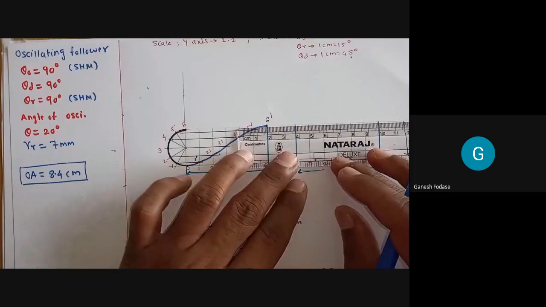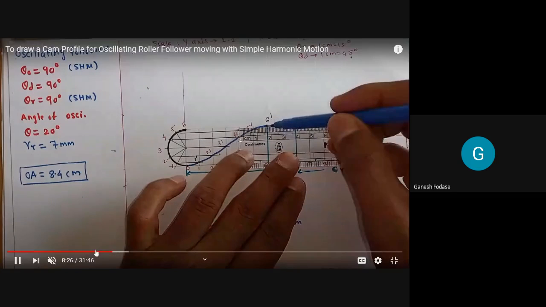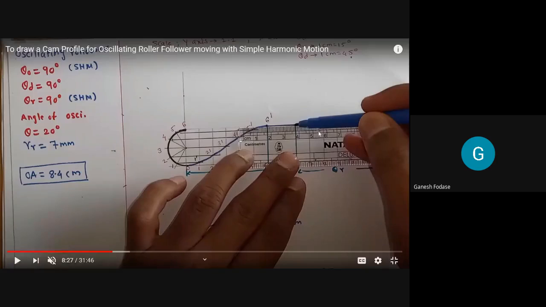Now here, can anyone tell me how we draw the return stroke? How to draw it now, because the motion is the same? How to get the points, the next points 6 dash, 7 dash, 8 dash, 9 dash? SHM has already been discussed many times.